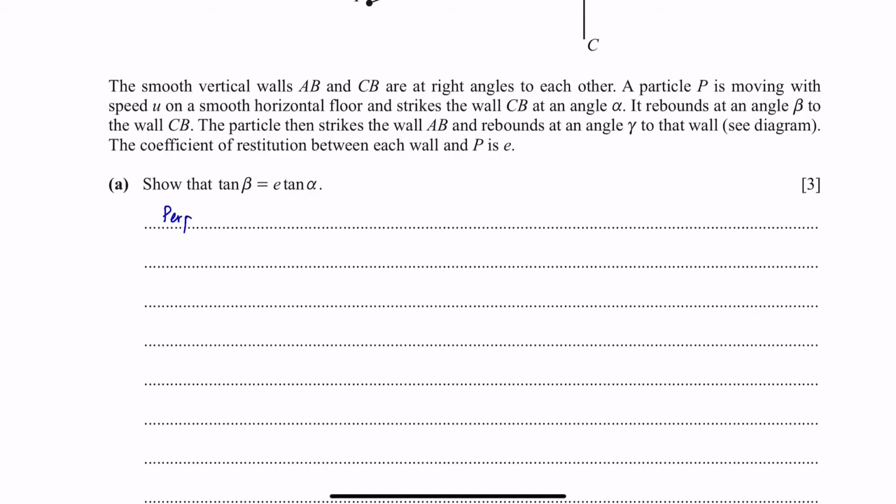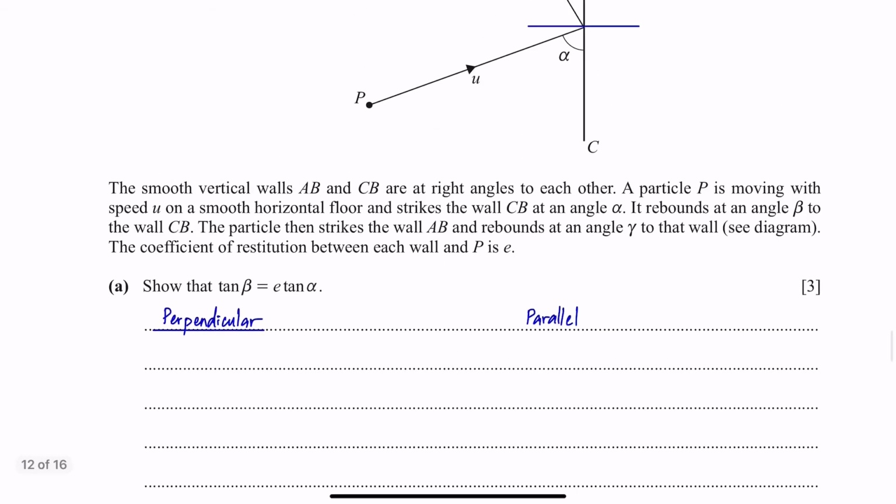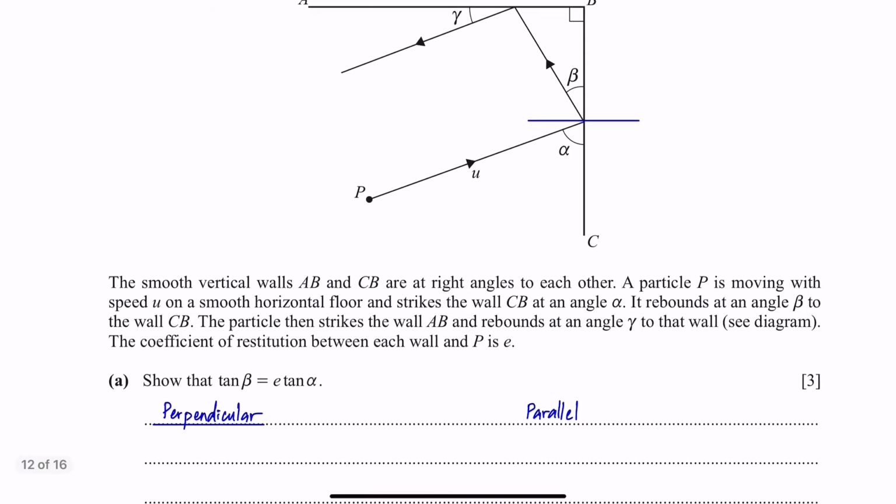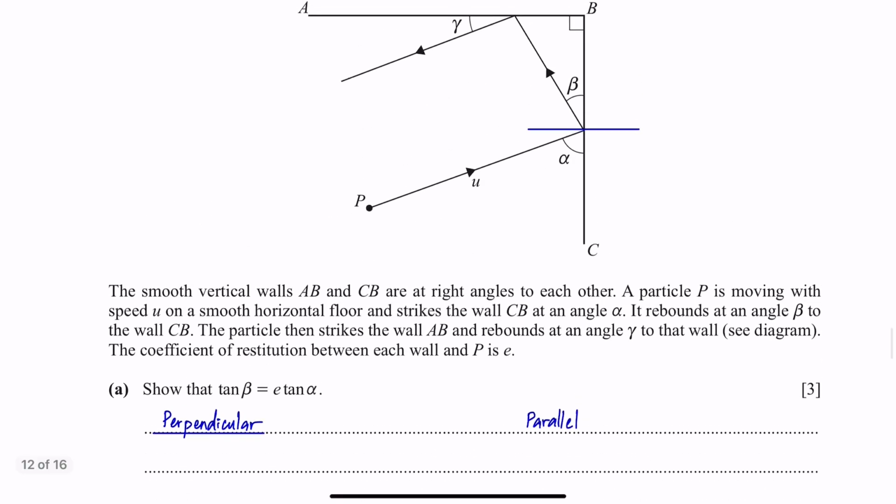One perpendicular and one parallel. For the one perpendicular to the wall, first let's call the speed after the first collision v.